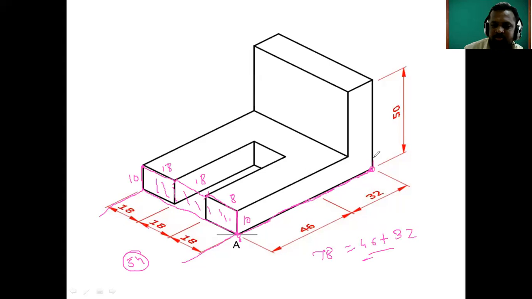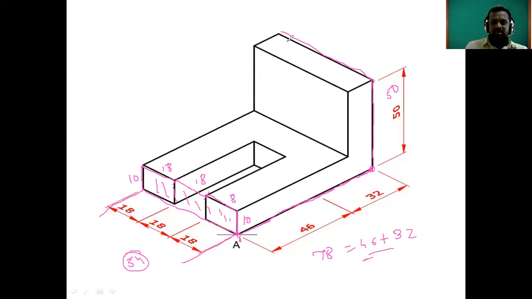Again from this point we can easily draw this vertical line. It is 50. Then from this point can we draw this line? What is the length of this line? 54, sir.